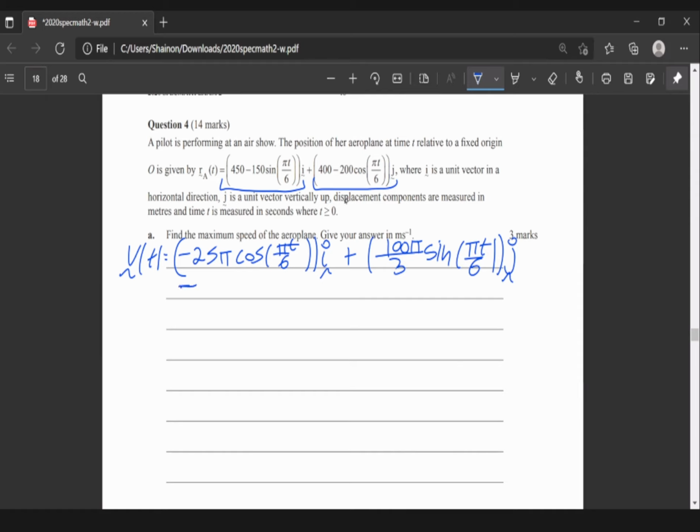So that's going to be, you can just use a CAS for this again. You're not expected to do this by hand. Minus 7 over 9 cos squared pi t over 6. So then pi over 3, 1 minus 7 over 9.